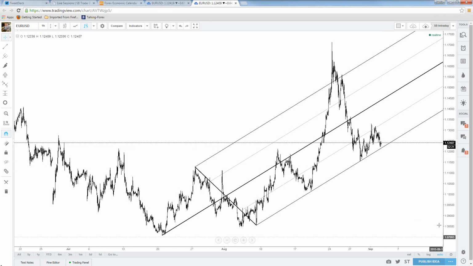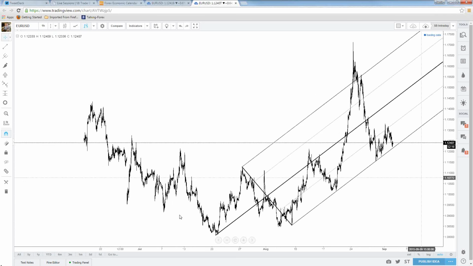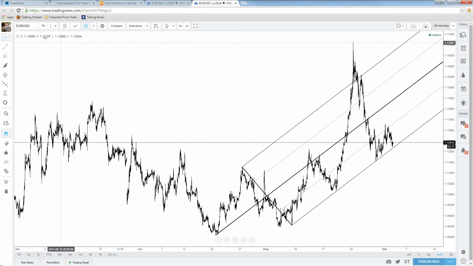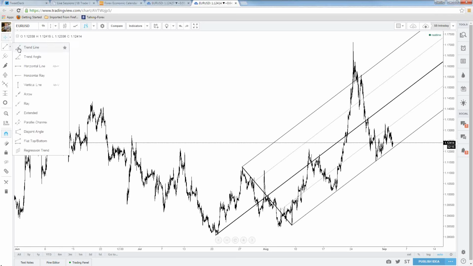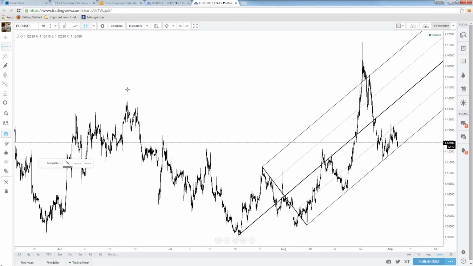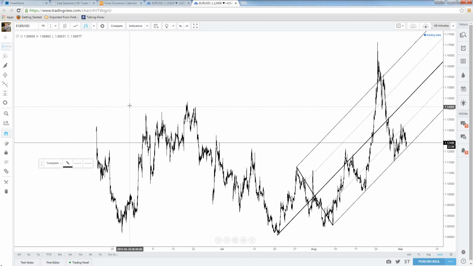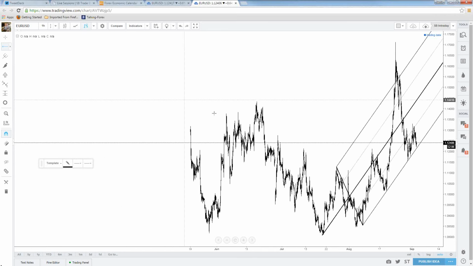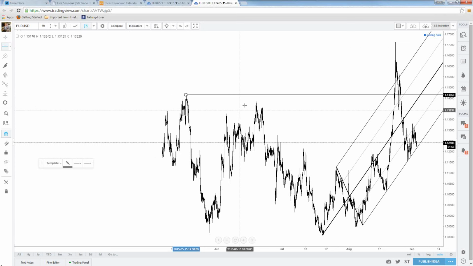Looking at some of the horizontal levels, you've got the May high and the June high. One second, let this data load up. But 104.65, and this is 104.35.